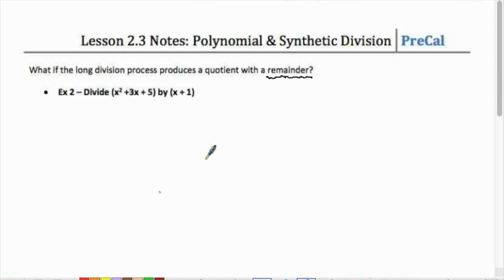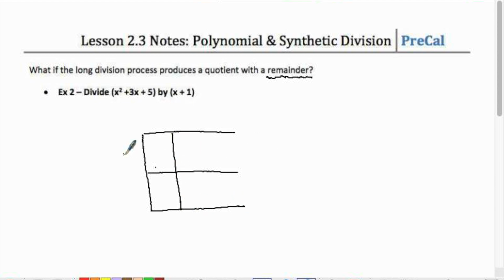Okay, I'm actually going to show you how to do this one with a box method. Some of you may have learned this in a previous course, but on the box method, because I'm dividing by a binomial, I'm going to create an open-ended box that has 2 rows. And I'm going to put my x and my 1 in this row, because again, this is what I'm dividing by.